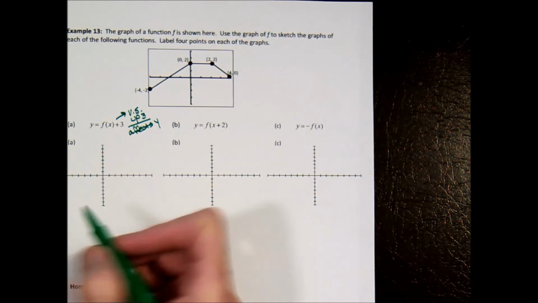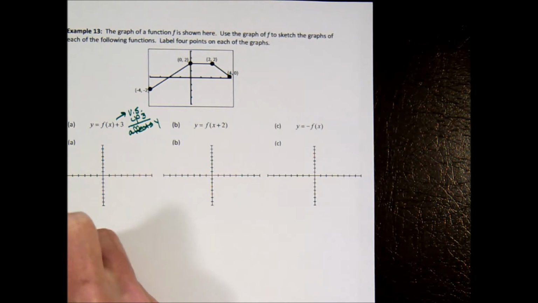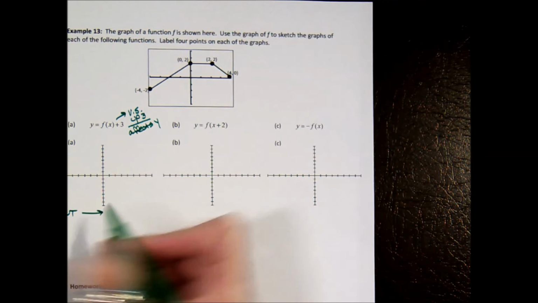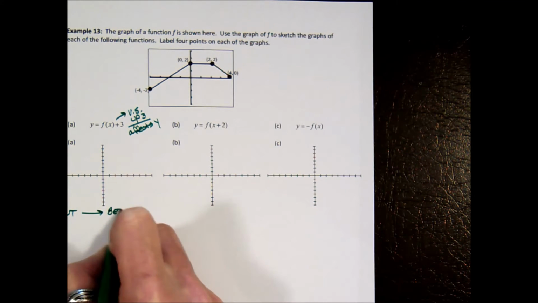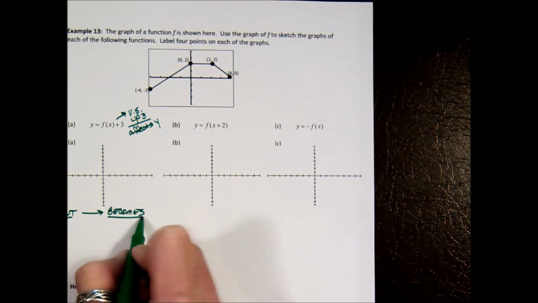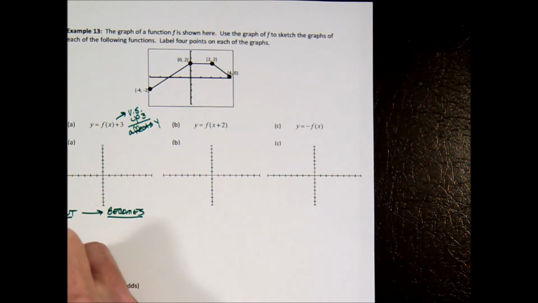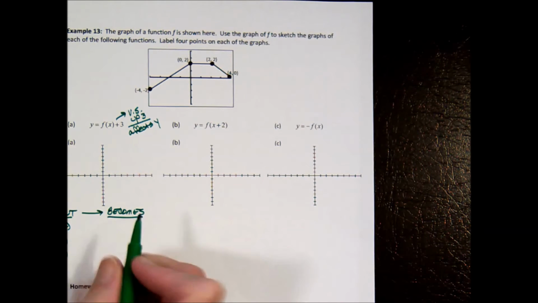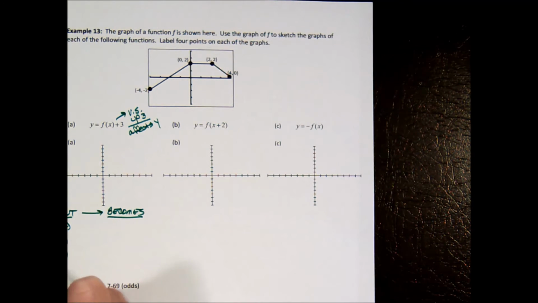So let's write the point that we start with and then what it becomes. This is the way I'm going to label this: the point that we start with on our graph, which is all labeled. So we have negative 4, negative 2. We have the point 0, 2. We have the point 2, 2. And we have the point 4, 0.